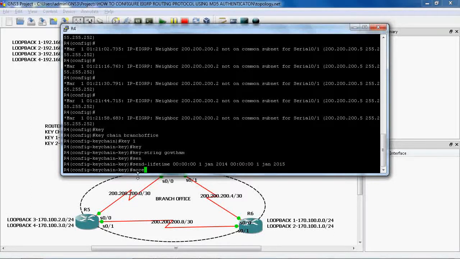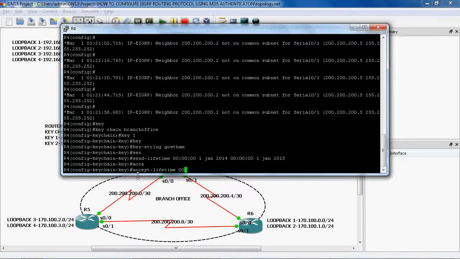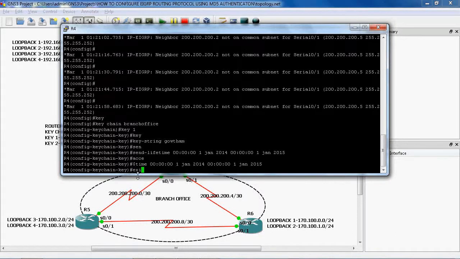So the accept lifetime also midnight on Jan 1 2014 to midnight on Jan 1 2015, exit.